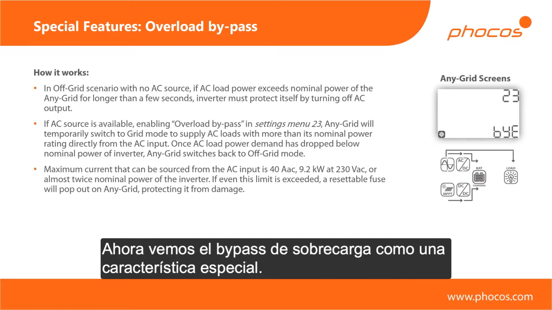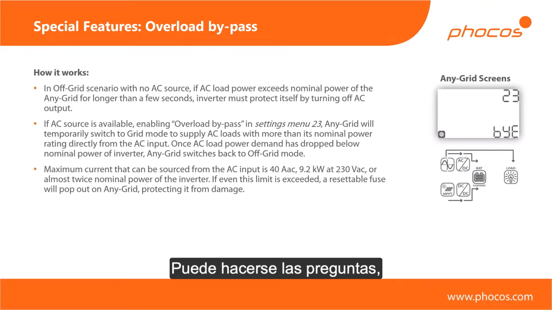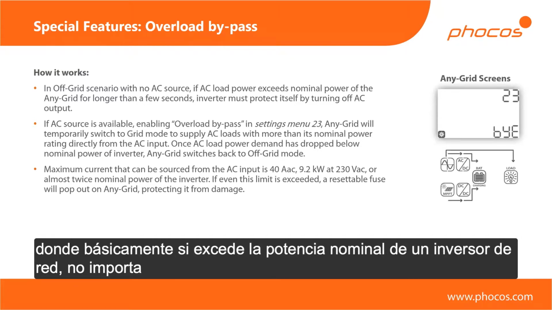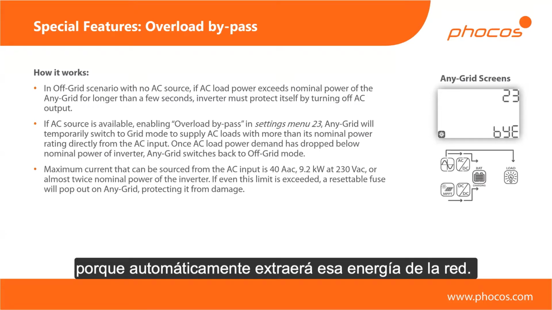So now we look at the overload bypass as a special feature. So you might ask yourself the question, well, as opposed to a grid inverter, which is connected in parallel to the grid, where basically if you exceed the power rating of a grid inverter, it doesn't matter because automatically you will be pulling that power from the grid.